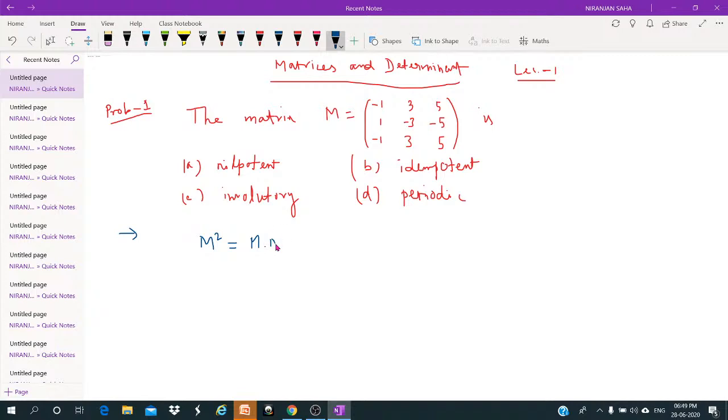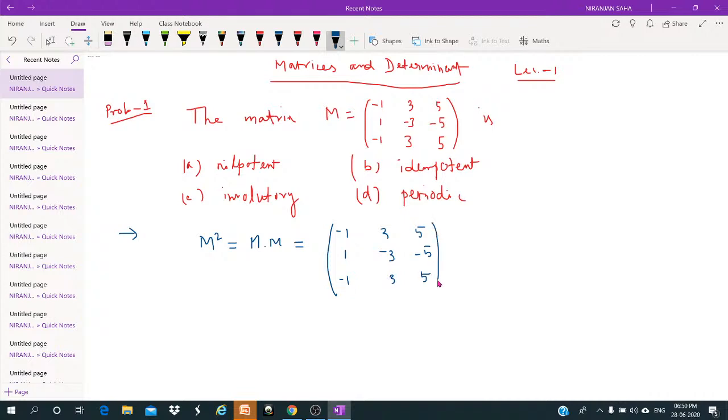So what we have, write down the matrix twice, multiplication: minus 1, 3, 5; 1, minus 3, minus 5; minus 1, 3, 5.